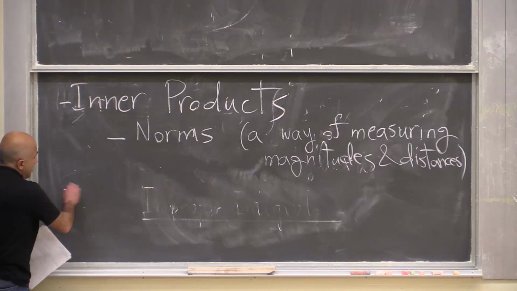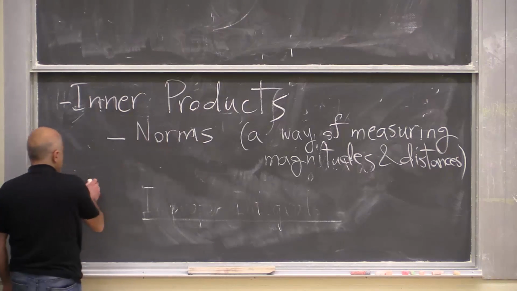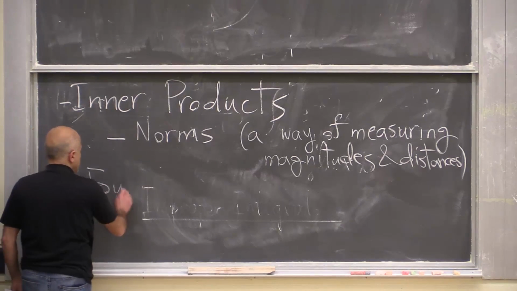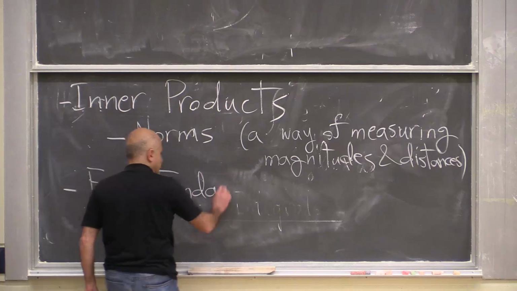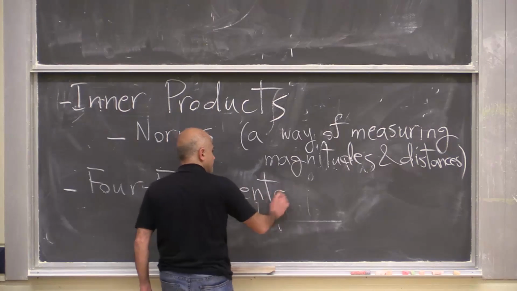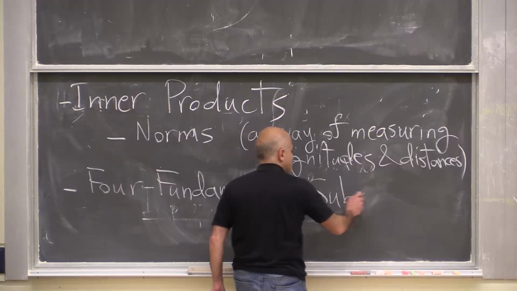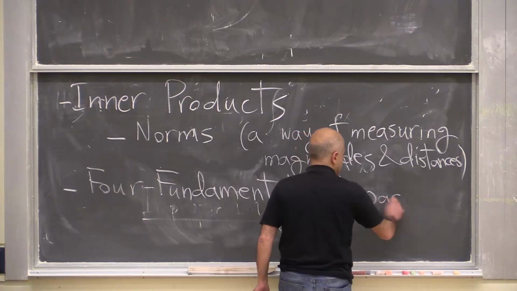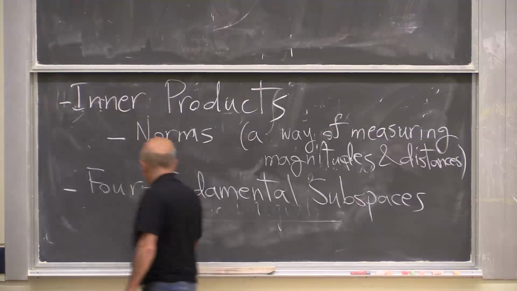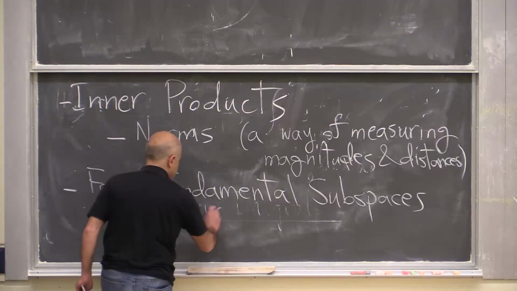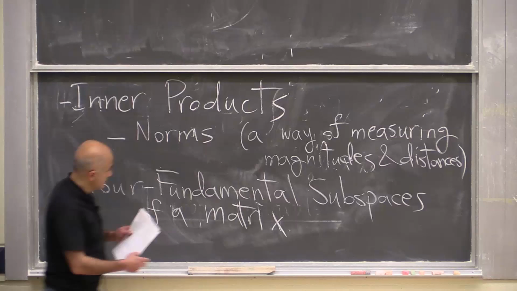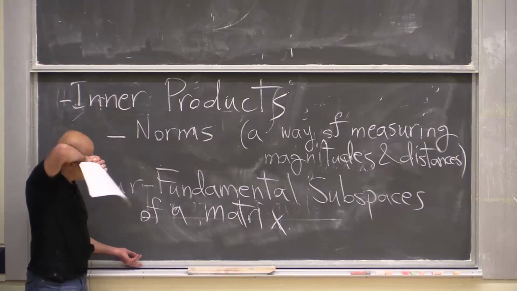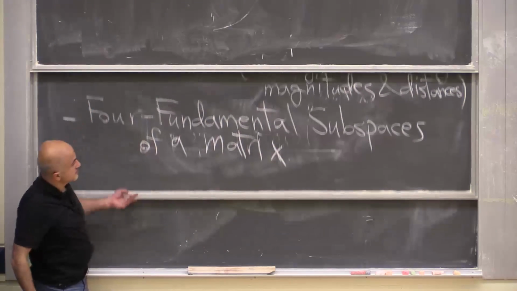And then, once we're done with this discussion, I'm going to move into the four fundamental subspaces of a matrix. I apologize for this chalk that whoever used it before me decided to pick something that doesn't erase well.